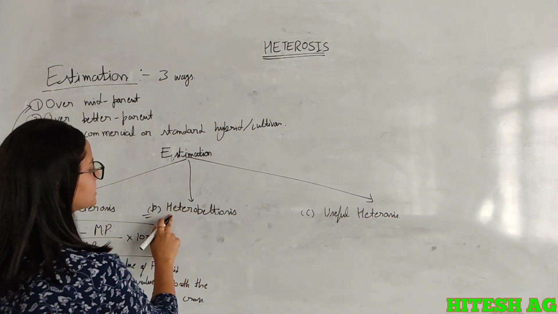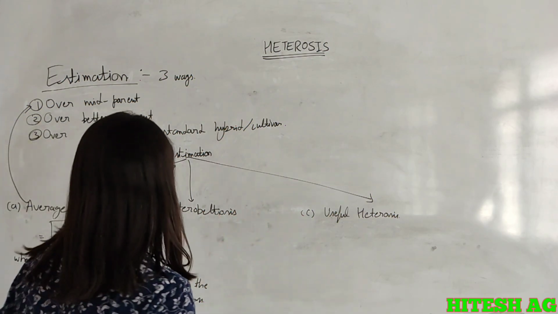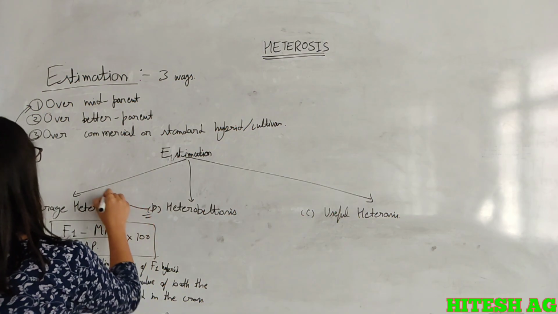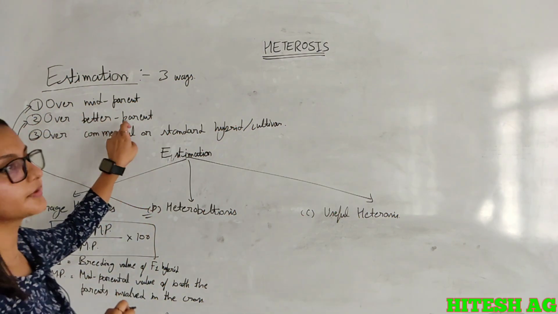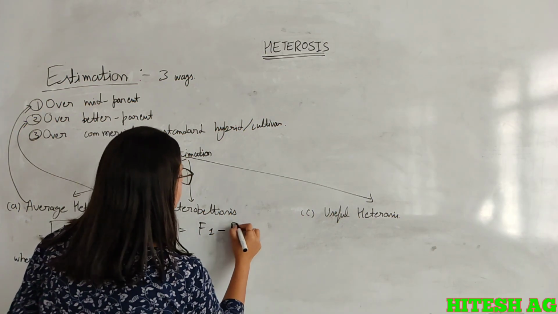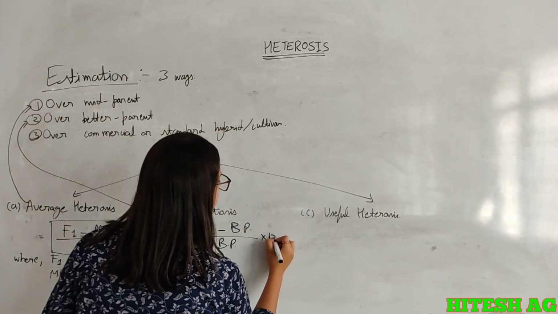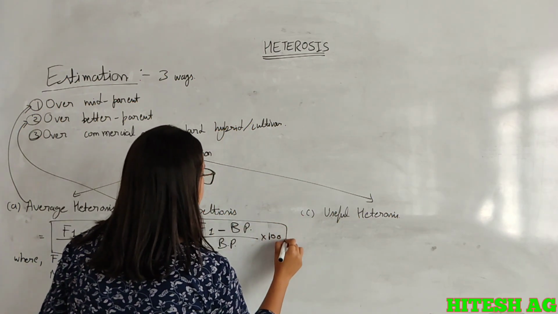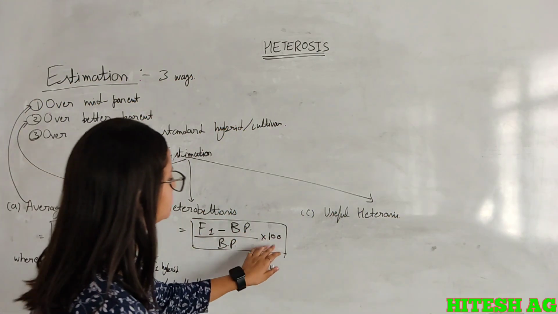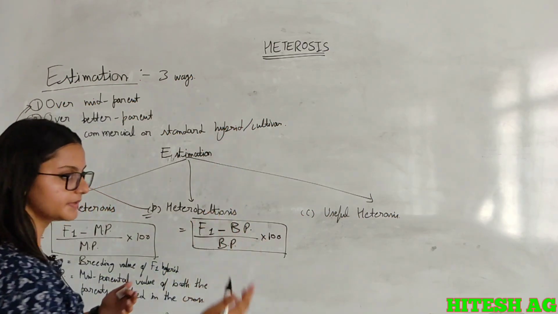Now the second one is heterobaltiosis. It's a very common term that gets asked in most of the exams. In heterobaltiosis, it is the estimation of heterosis over its better parent. So the formula we use here is (F1 minus BP) upon BP into 100. We multiply by 100, which means we get the heterosis in percentage form.